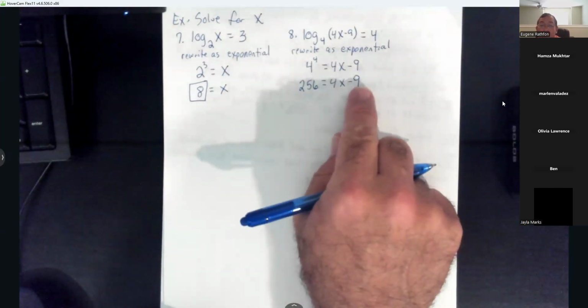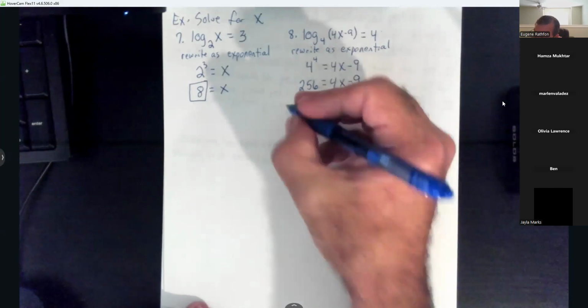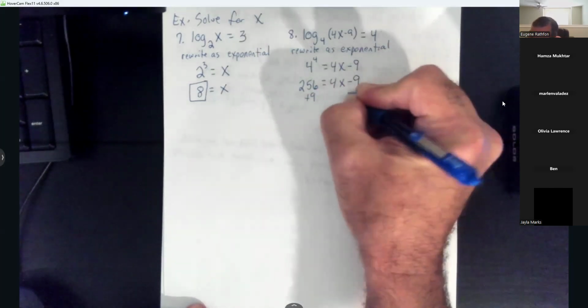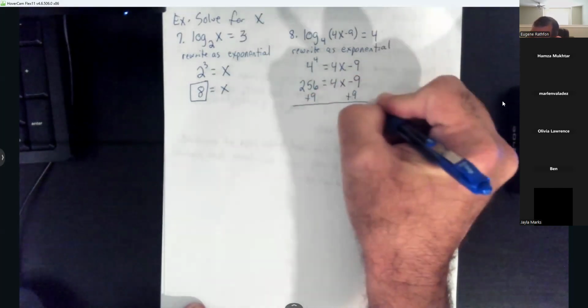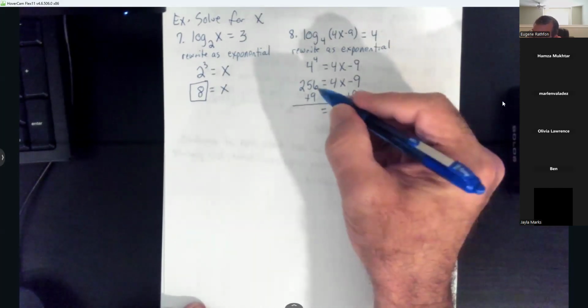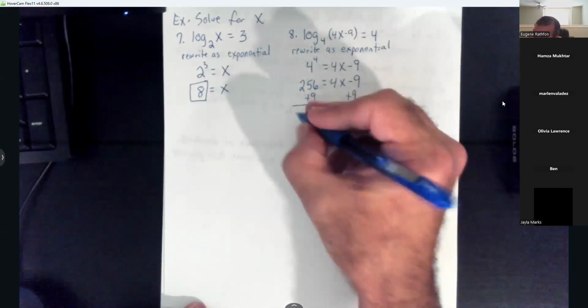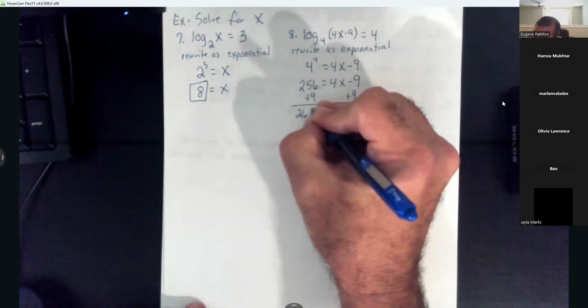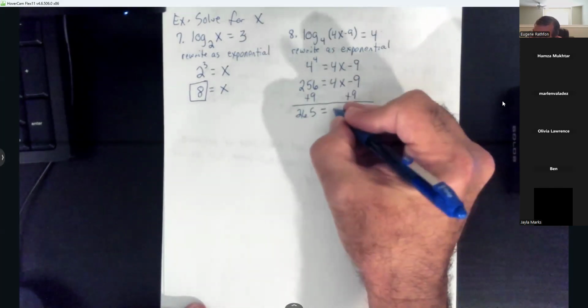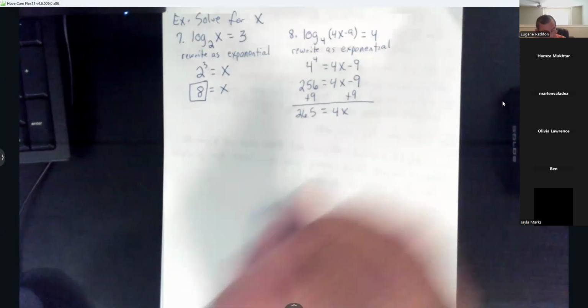Righty, y'all. So what we're going to do, add 9, divide by 4. All right, y'all. So what's that? 256 and 9 is what? 265 equal to my 4x.